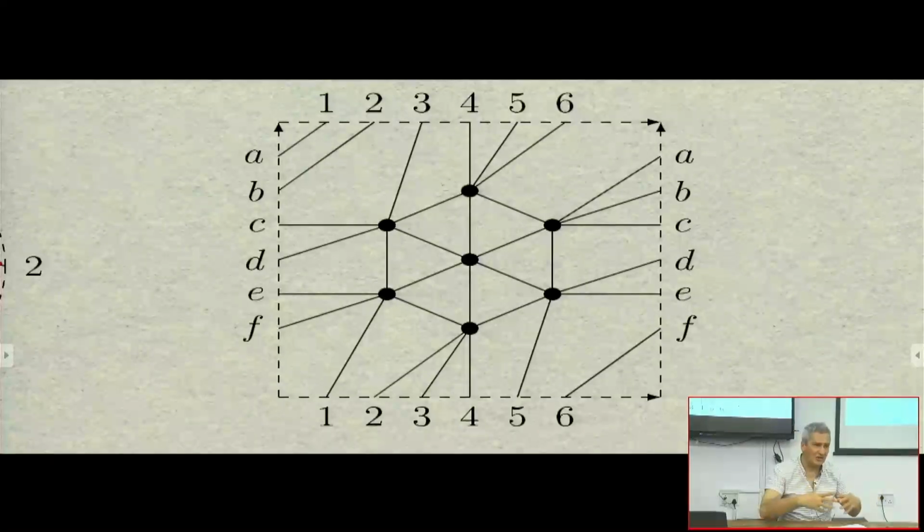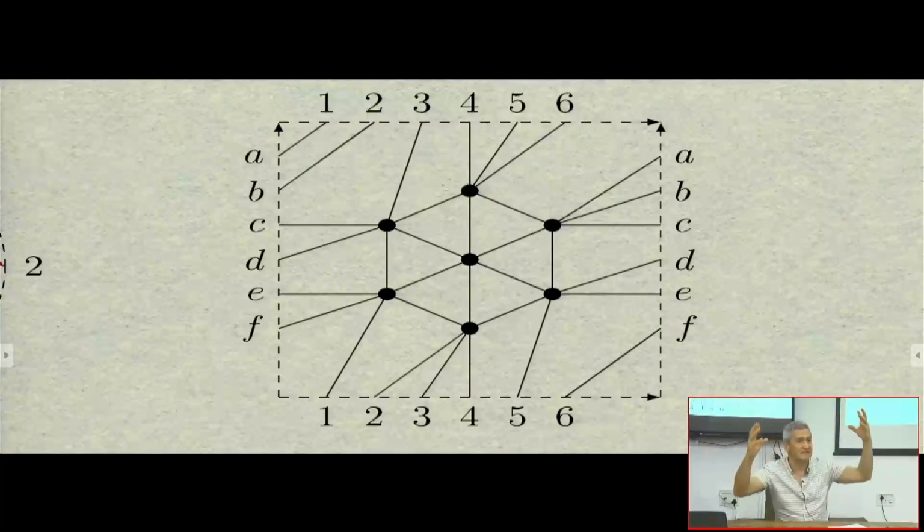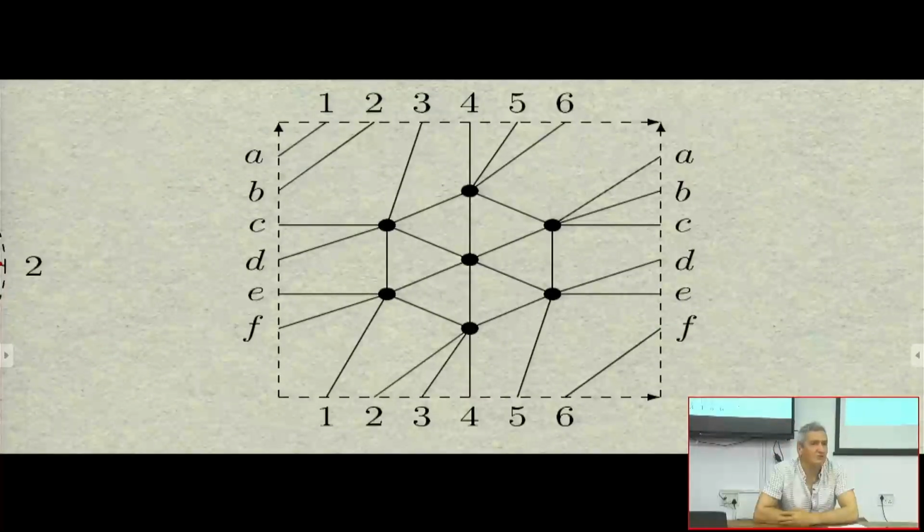So actually the plane and the sphere are only the beginning. We have all these surfaces and we can try to answer these questions. What is the maximum chromatic number we need on some surface? That is no more than 100 years old. It's much easier than the four color theorem.